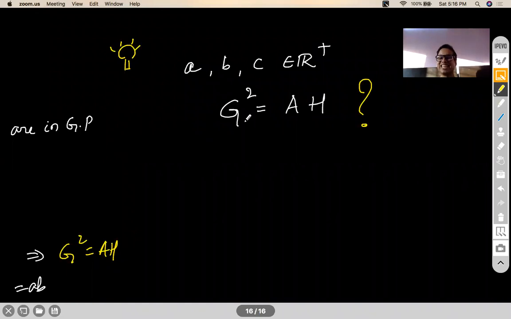Okay. Now the answer to this is, it will be true for certain cases, not for all cases. So this is not true in general, but it will be true for certain cases.